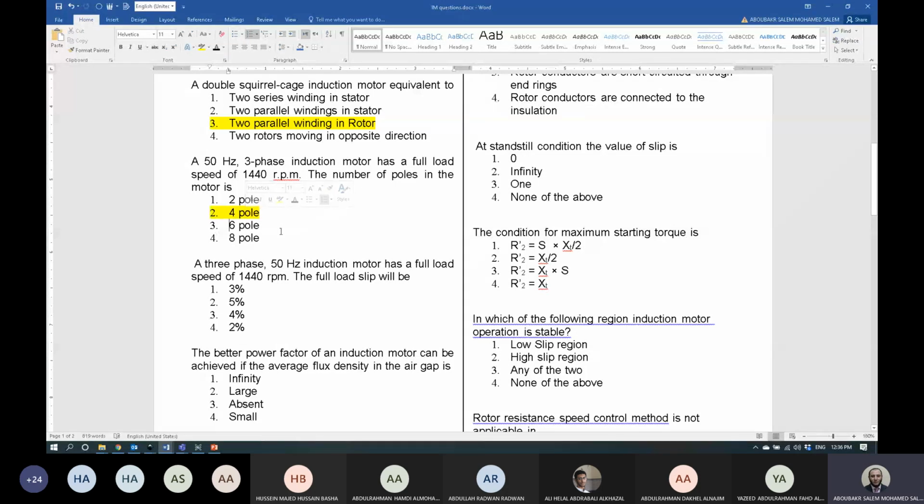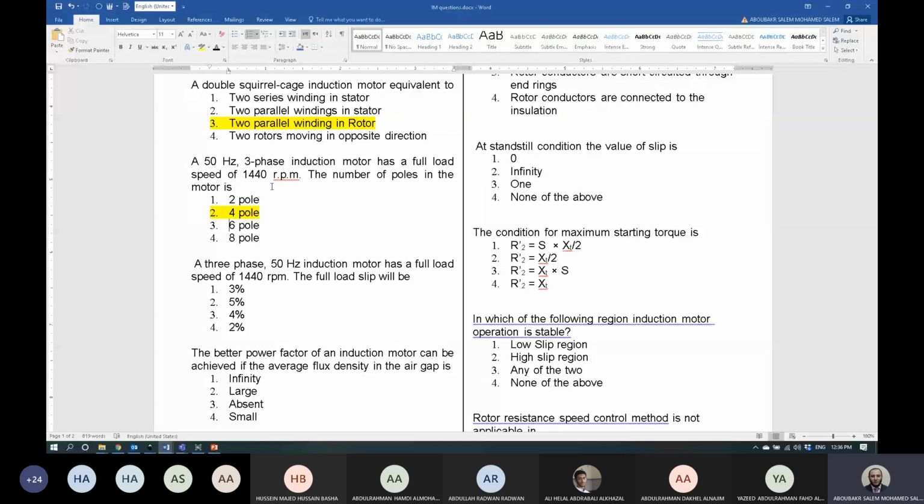Even if the frequency is not given, what will be the value of synchronous speed which is very close to 1440? You have either 1200, which is obtained at 6 poles 60 hertz, or 900, which is very far, for 50 hertz 6 poles.